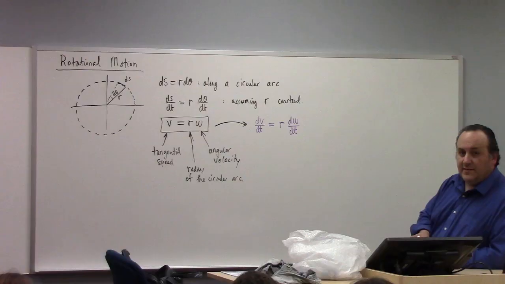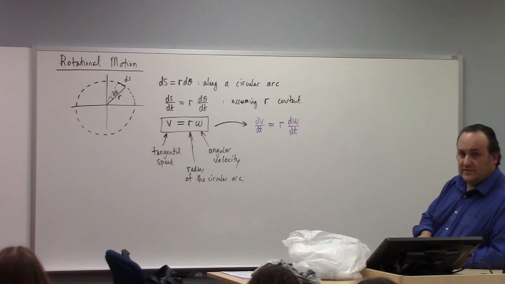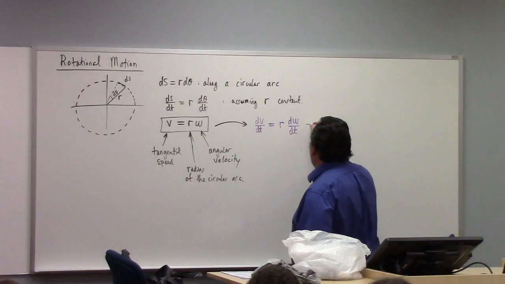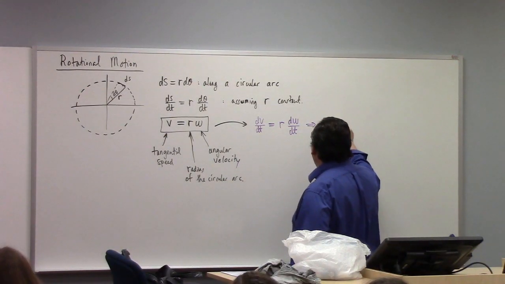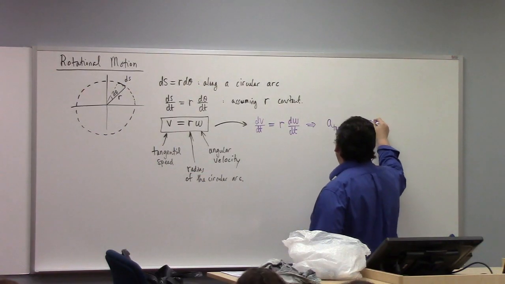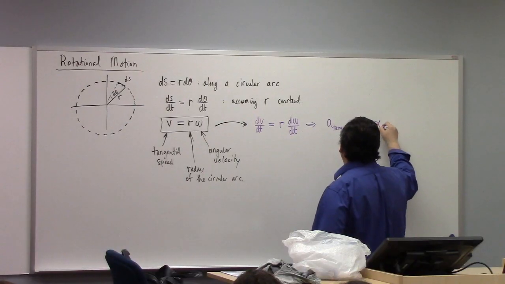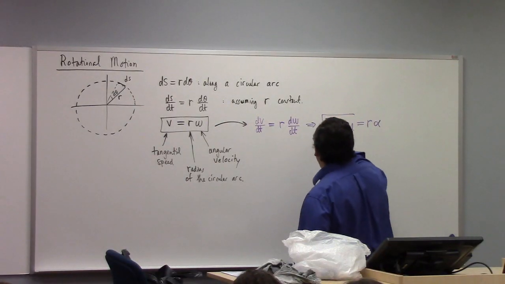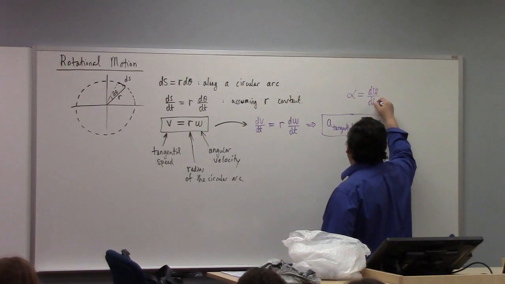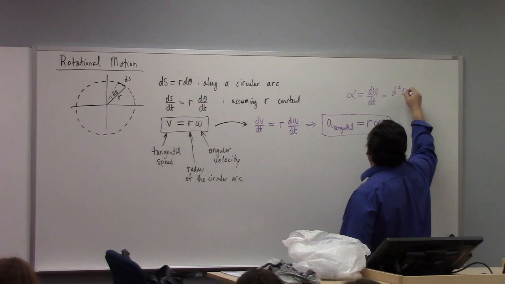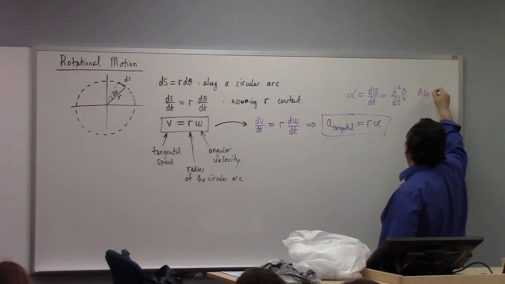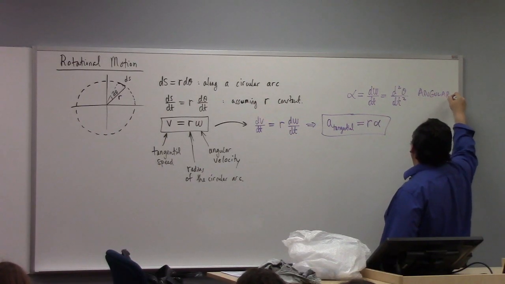But to start with, I'm just thinking about a circular arc for this initial story that we're telling. So dv dt is to say the tangential acceleration. The tangential acceleration is equal to the radius times alpha. All right. Here alpha is equal to d omega dt, which is d squared theta dt squared. It's the angular acceleration.